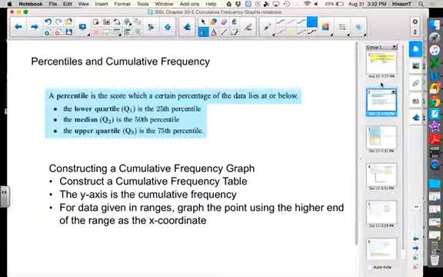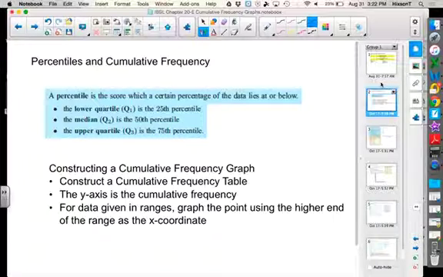When we're constructing the graph, we need to construct the table like we already saw. Then we need to define our 2 axes. The y-axis is always going to be the cumulative frequency. Okay? The x-axis is going to be the data we're dealing with.